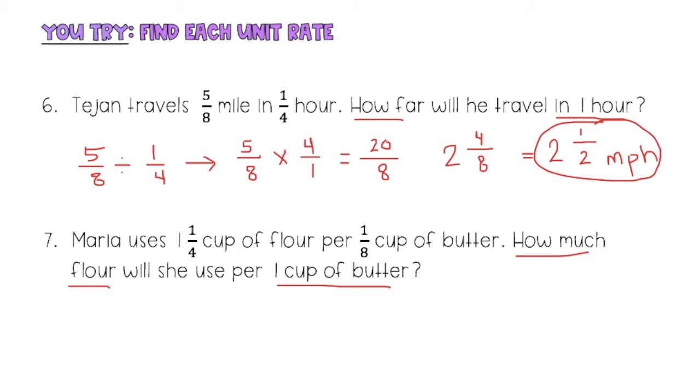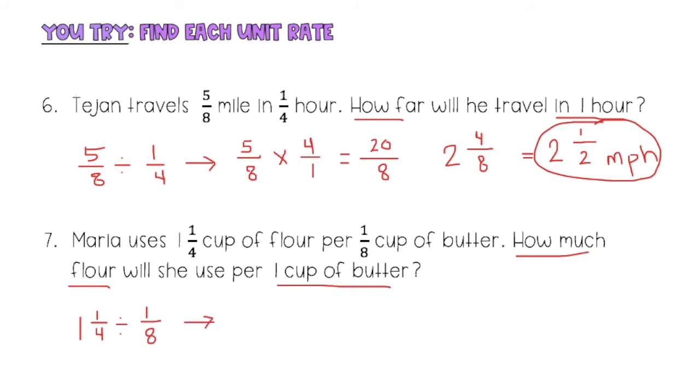Now I know what order to put my numbers. So how much flour? I know I have 1 1/4 cup of flour, and we're going to divide it by the amount of butter that we have. And we have 1/8 cup of butter.